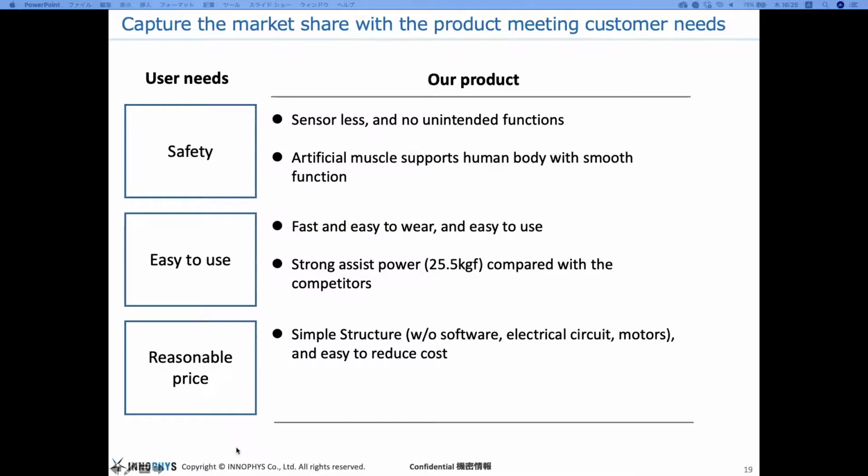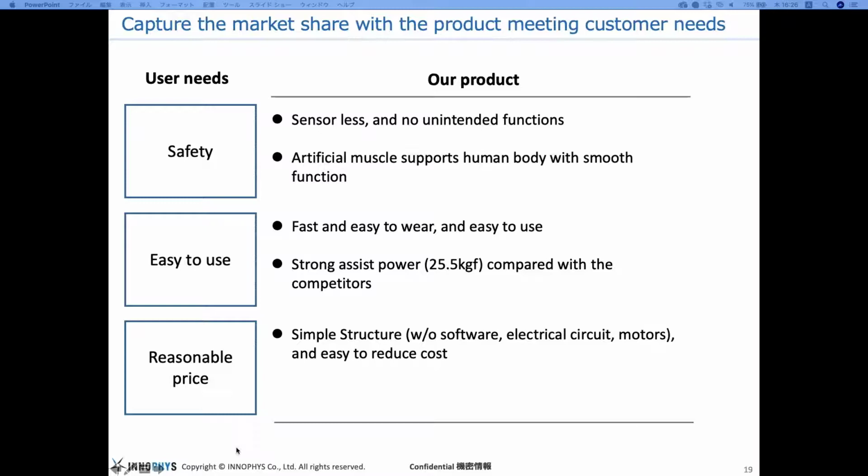So why could we capture that market share? I think there are various reasons, but the key point is that we could address what users think is important. One is safety, the second is ease of use, and then also reasonable pricing. Our product is sensorless, and it's a passive one, so it doesn't really malfunction.